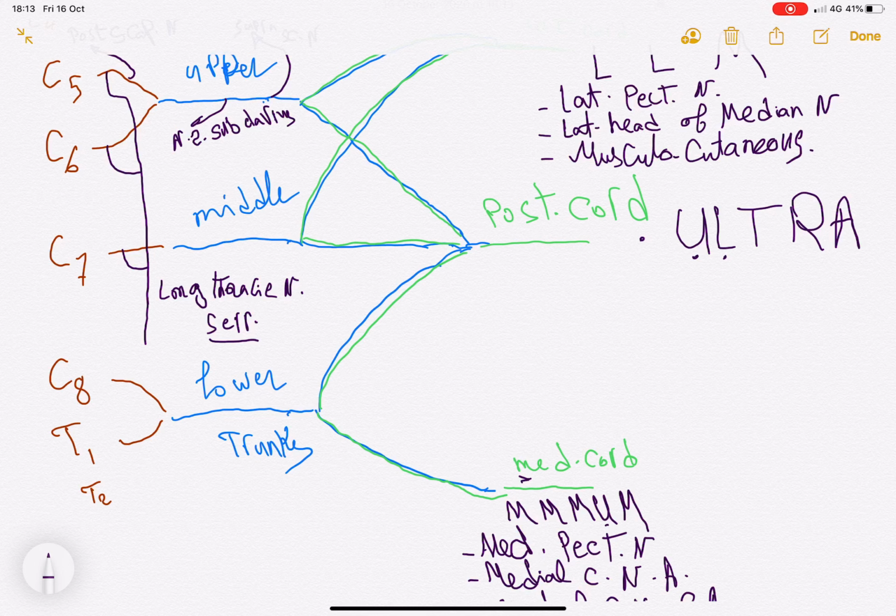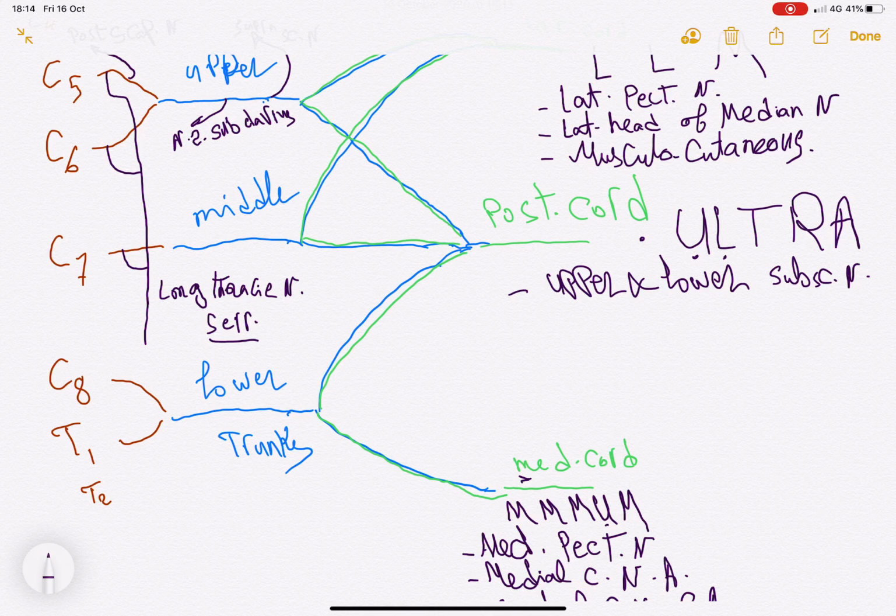UL for the upper and lower subscapular nerve.